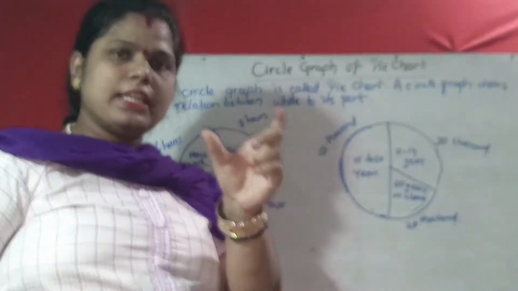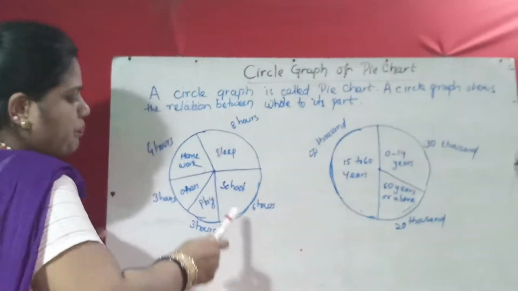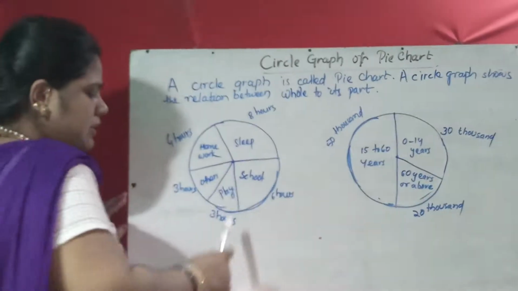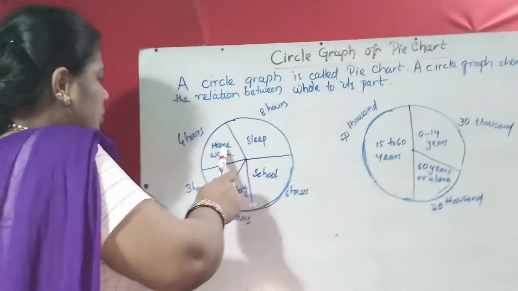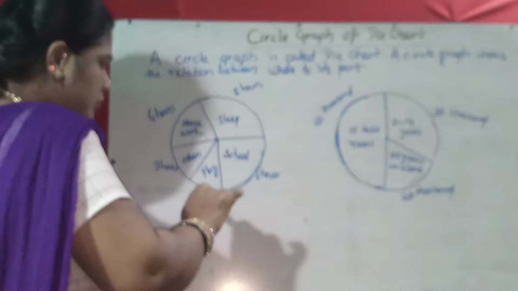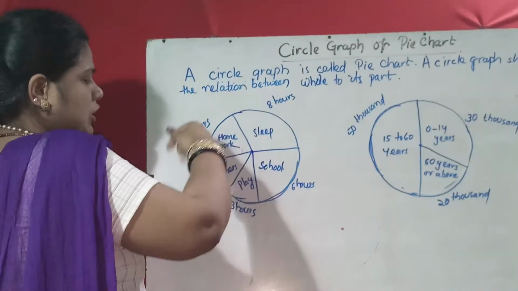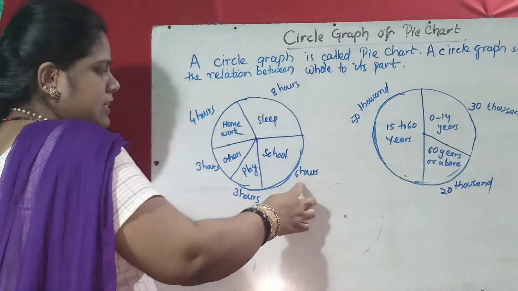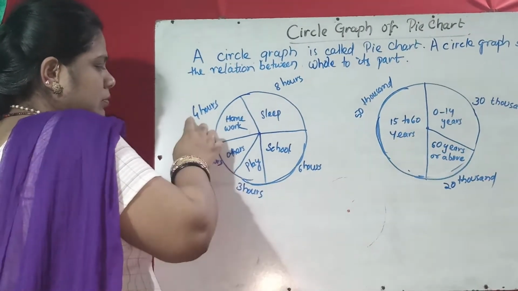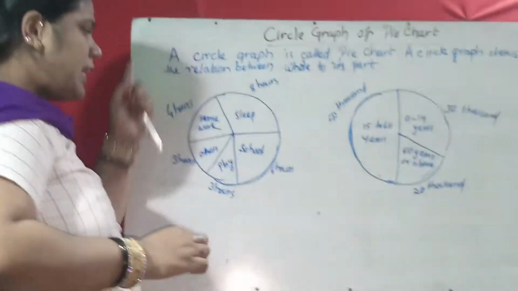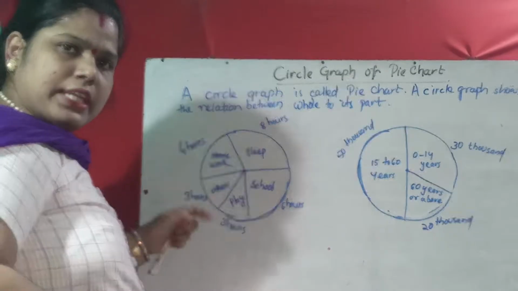He just made a timetable. So for sleep 8 hours, for school 6 hours, for play 3 hours, for other activities 3 hours, for homework 4 hours. Total is 24 hours: 8 plus 6 is 14, plus 3 is 17, plus 3 is 20, plus 4 is 24 hours. So the total 24 hours is divided into different activities.